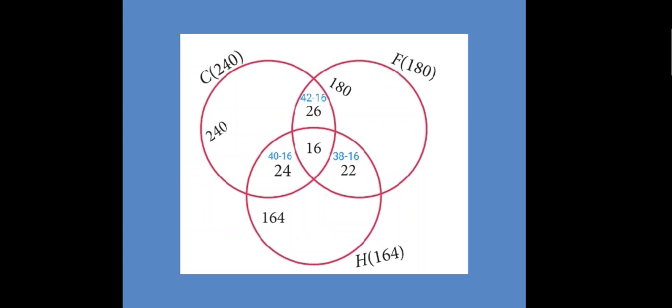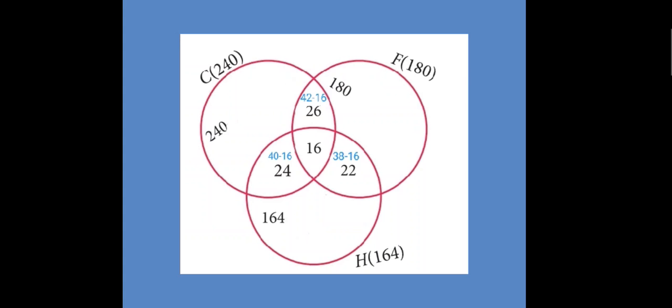We should subtract the 16 from the 42, then we will get 26, and 38 minus 16 is 22, and 40 minus 16 is 24. So these 26 students represent those who are playing cricket and football only, 22 students play football and hockey only, and 24 students play cricket and hockey only.